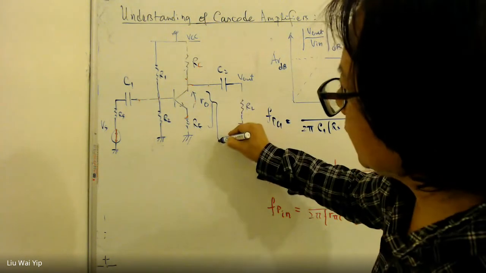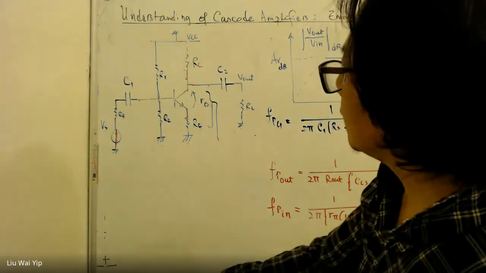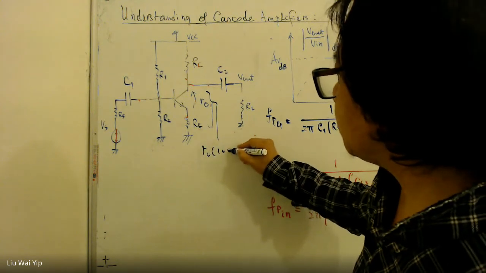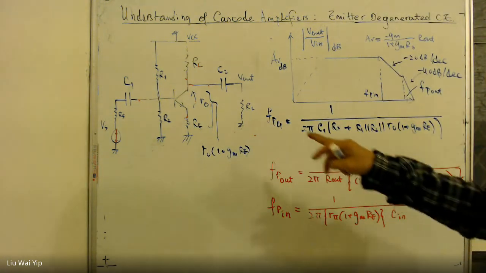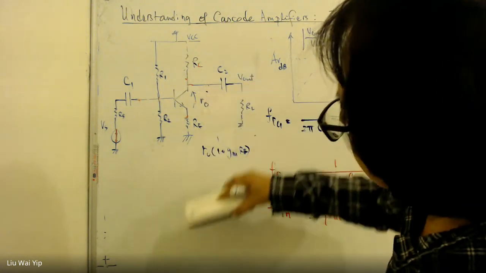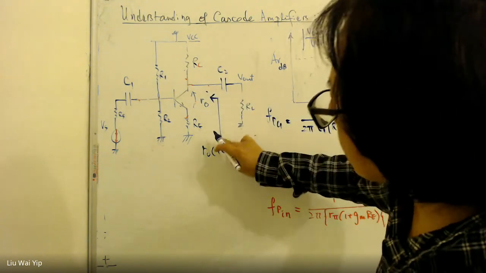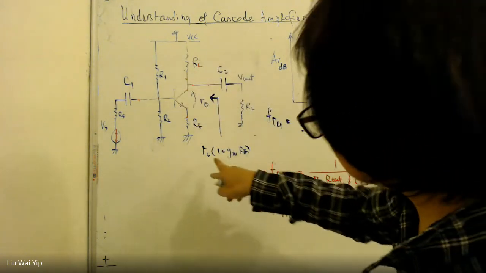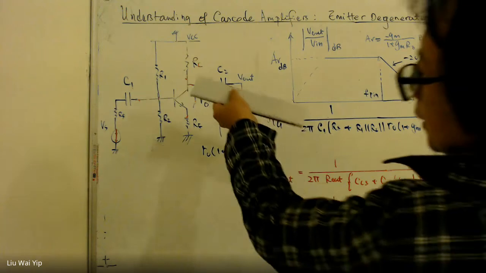This one is going to be RO times 1 plus GMRE. And normally we use an arrow pointing to this side to represent the resistance looking into this wire connection.